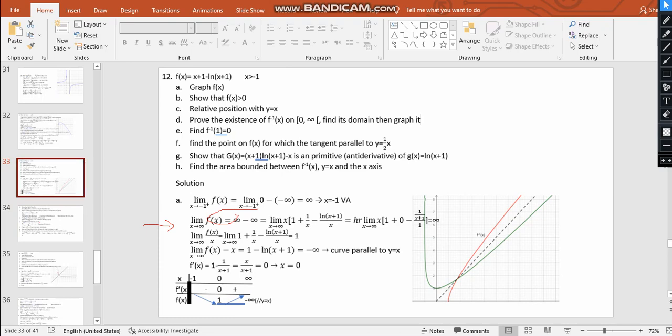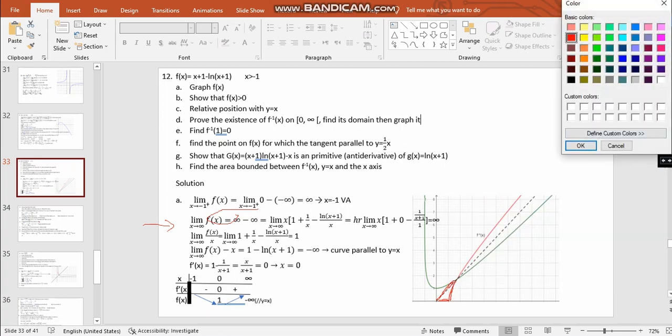We want to find the area bounded between f inverse of x, the red part, y equal to x, and the x-axis. So they want this one. By symmetry, the symmetry of y equal to x, let me use black.